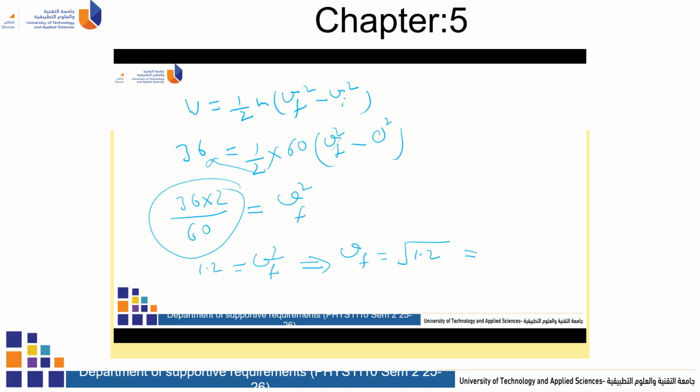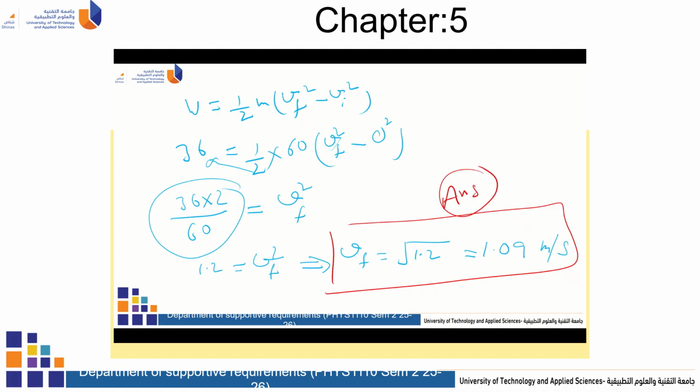If I calculate the under root of 1.2, this will be 1.09 meter per second. So this is the value of the final velocity at the end of the displacement. This is the answer here.